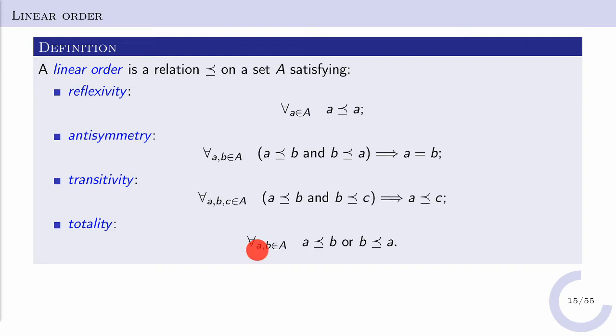So if we take any two elements, then either A is related to B or B is related to A. So you can see that these axioms generalize the standard notion of weak inequality. So we can think of this relation as a weak inequality, less than or equal to. In fact, this is a generalization of this to any set.